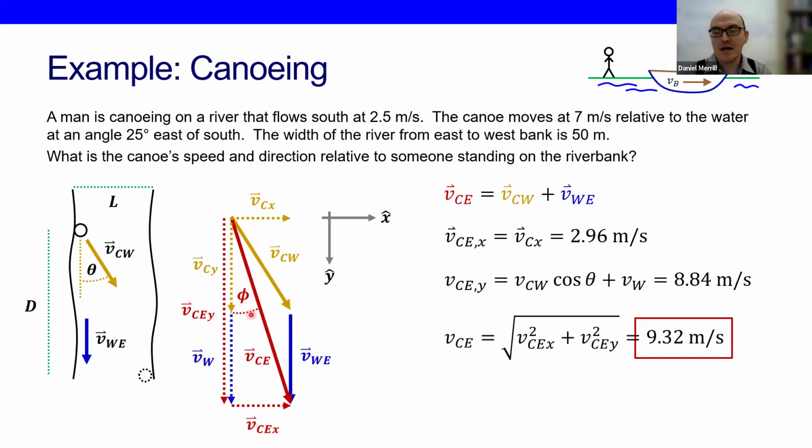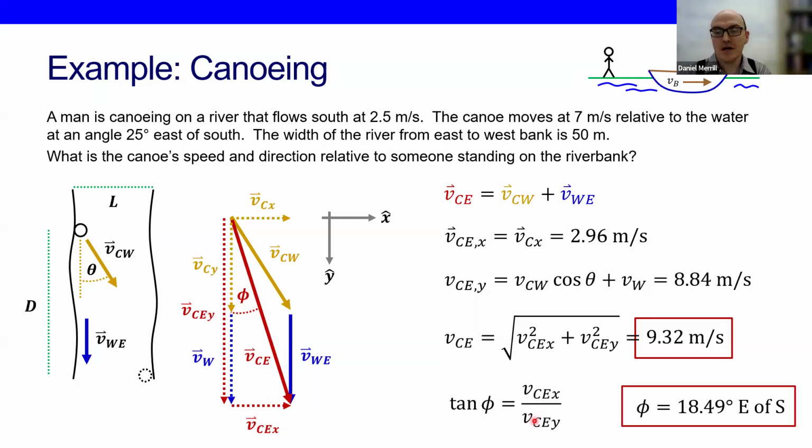So taking the tangent inverse of 2.96 meters per second divided by 8.84 meters per second, I got 18.49 degrees east of south.